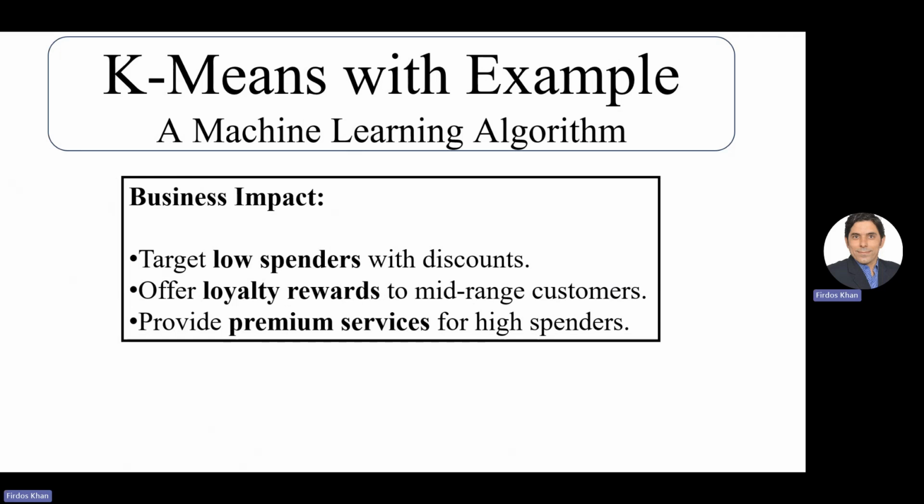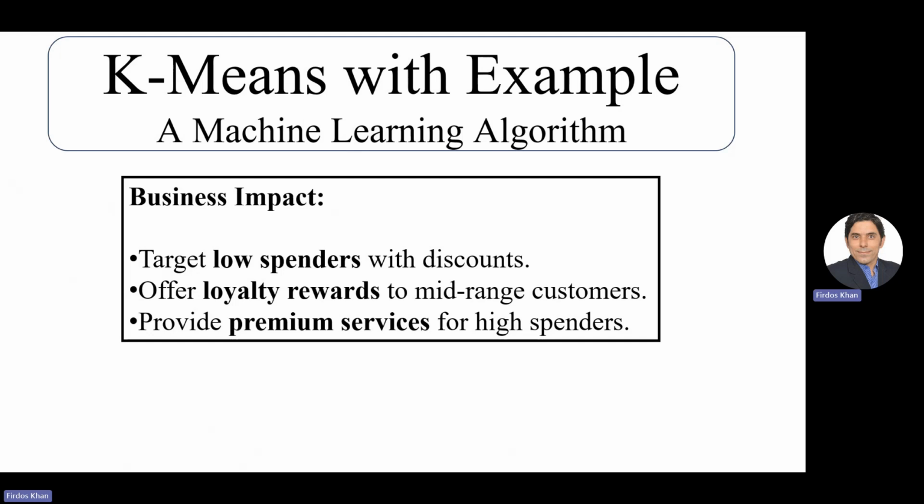The business impact of this example is to target low spenders with discounts, because they will be attracted, offer loyalty rewards to mid-range customers, and provide premium services for high spenders. This can be something for the business.